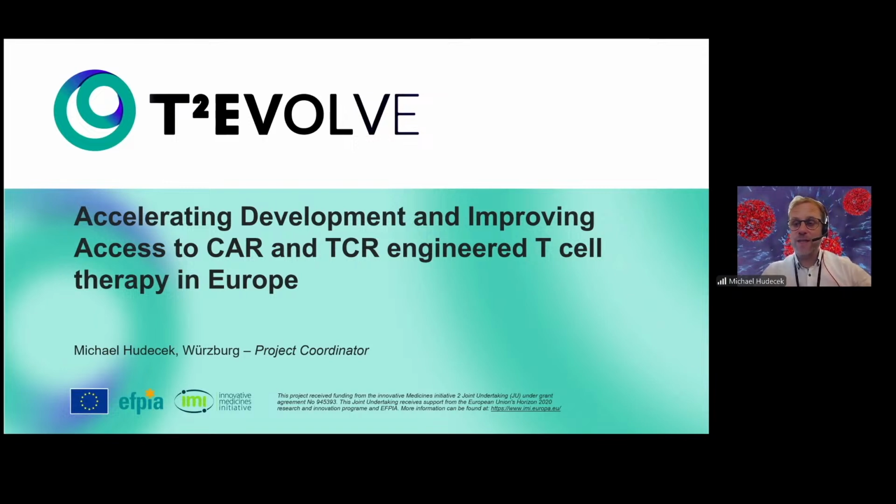I will say that EBMT is a full consortium partner, and T2Evolve works hand in hand with the GoCART project and GoCART Coalition. T2Evolve is a little more practical in the sense that we also have the ability to execute wet lab experiments, for example. But overall, we work very synergistically with GoCART.